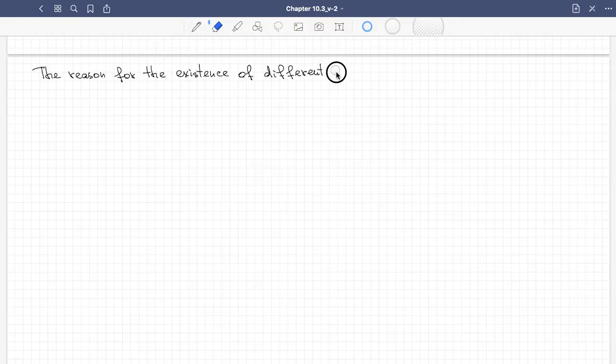Factorizations. There are two different factorizations.